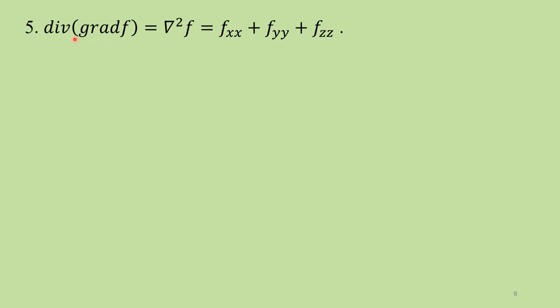Now we have div of grad f, that is nothing but del square f, where del square is a Laplacian operator, which is nothing but dou square by dou x square plus dou square by dou y square plus dou square by dou z square.